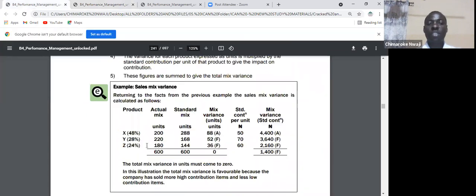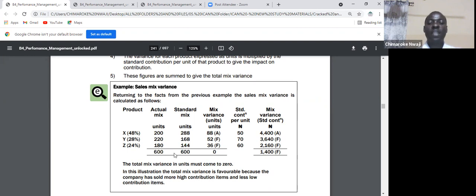That gives you your 600. The standard mix is, if you are to sell 600, 48% of 600 should give you 288. 28% of 600 should give you 168. And 24% of 600 should give me 144.